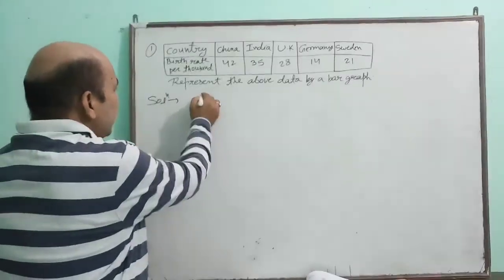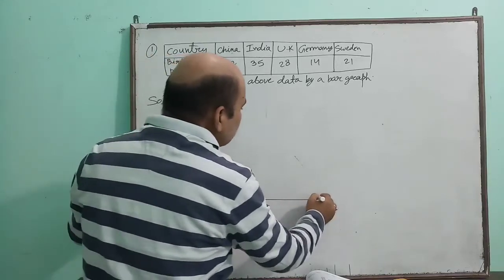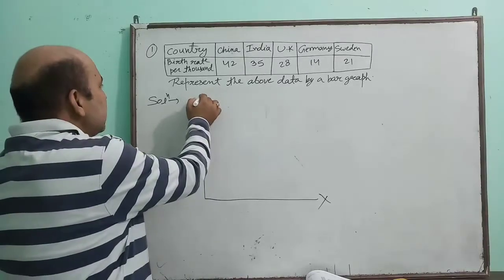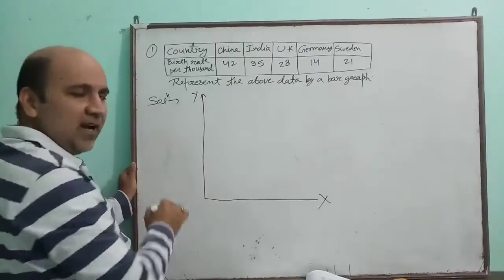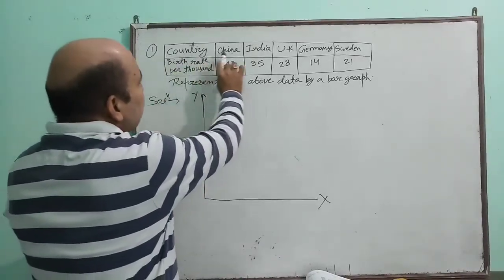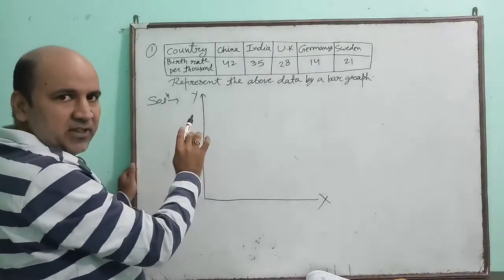Take your graph paper, draw a vertical line and one horizontal line. The horizontal line will be called the x-axis. The vertical line is called the y-axis. You can see that the country name is given here and the birth rate per thousand is given here.